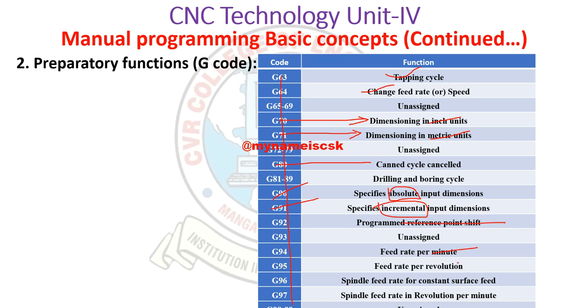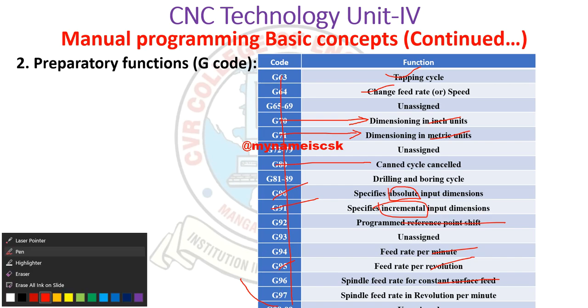And if you want to give feed rate per revolution, then we use G95. And if you want to maintain constant surface speed and revolution per minute, then we use G96 and G97. G98 and G99 are unassigned.